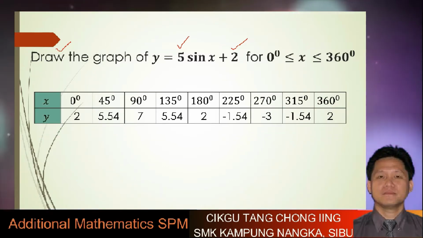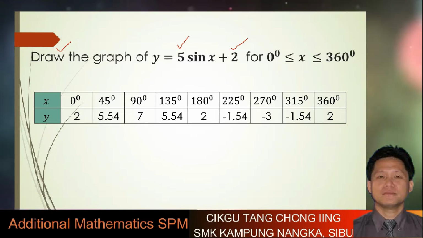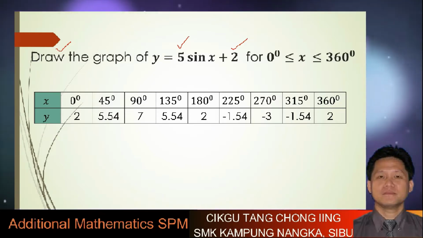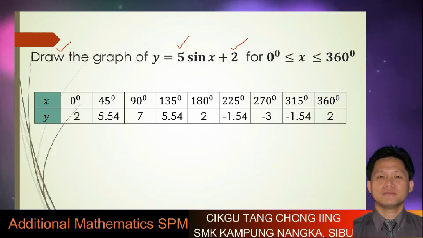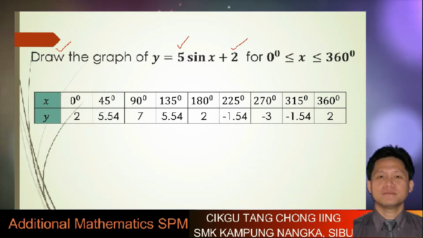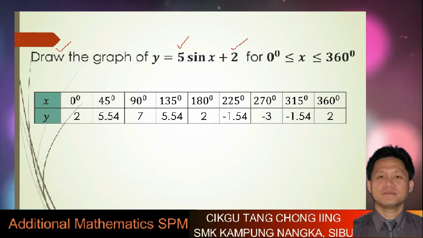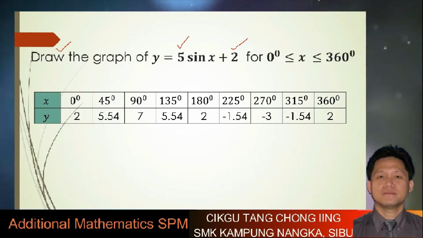You come up with a table and put in the values for x. So we have 0 degrees, 45 degrees, 90 degrees, and so on, with a difference of 45 degrees.